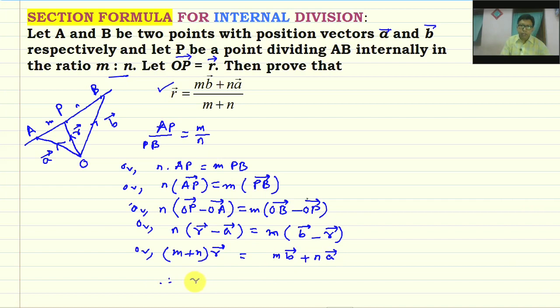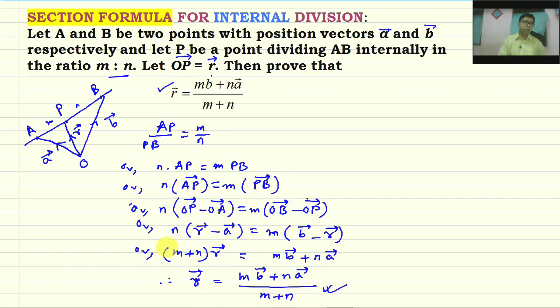Therefore, you are getting r vector is equal to m b vector plus n a vector upon m plus n. Actually, you have to prove this one. r vector is equal to m b vector plus n a vector divided by m plus n. This is the internal section.